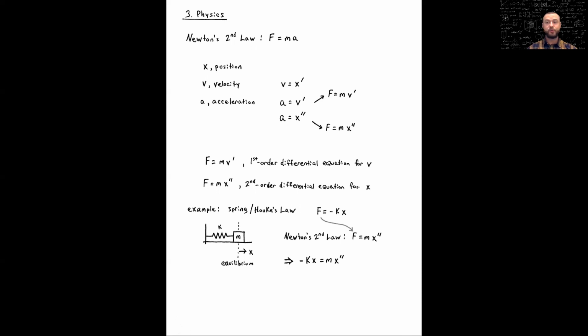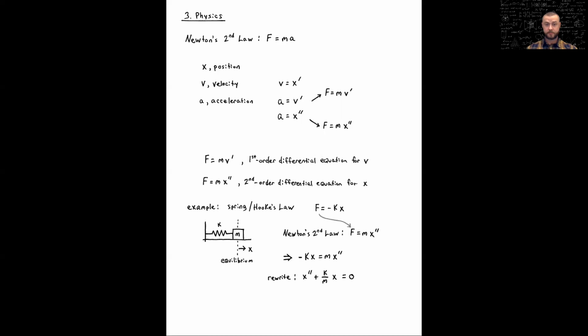Now, to tie this into our first motivational topic, let's rewrite this differential equation. So what you can do is basically add kx to the right side, and then you can divide by m. And if you do that, you should get this differential equation just rearranging algebraically. x double prime plus k over m times x equals 0.